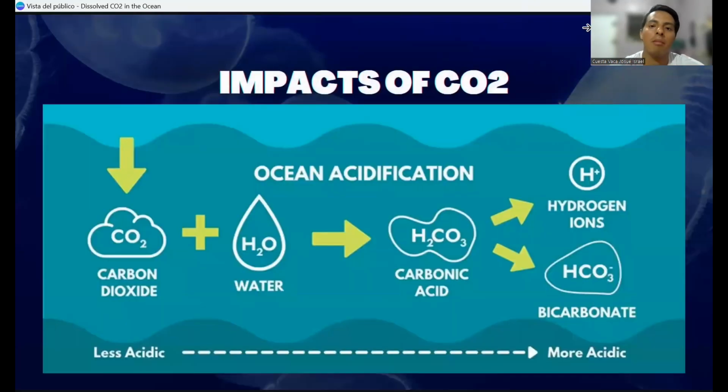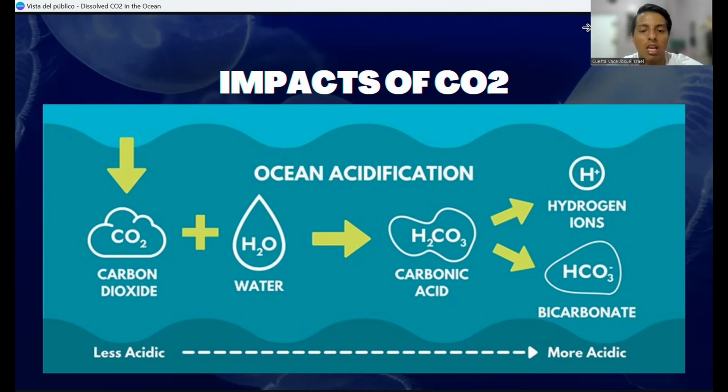Finally, we have the impacts of CO2. The most important is ocean acidification. In recent years, there has been rising concern about the phenomenon of ocean acidification. As described in the processes above, the addition of CO2 to seawater lowers the pH of the water.